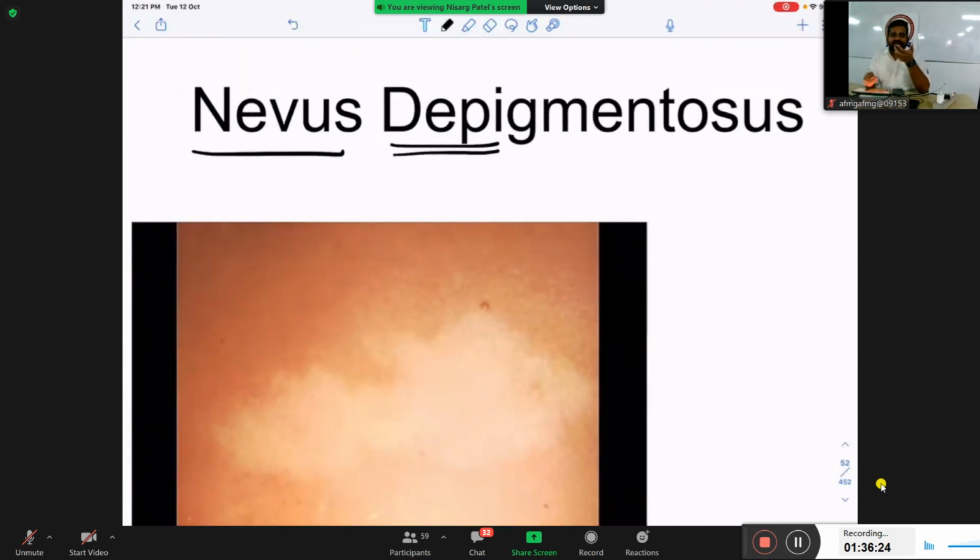As the name is telling you, depigmentosus, there is depigmentation. Pigmentation means increased, depigmentation means decreased, right? So this nevus is because of somewhat of a depigmentation.